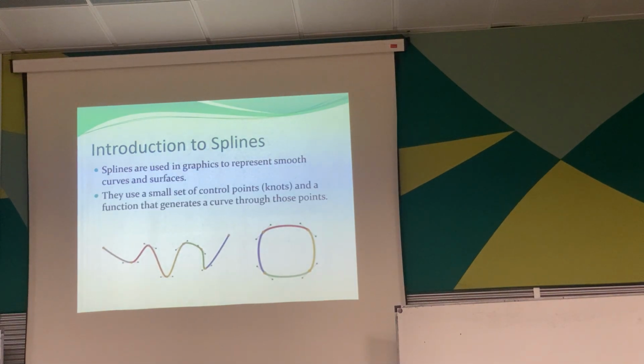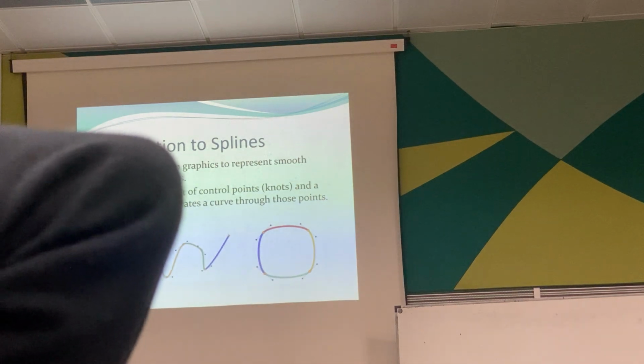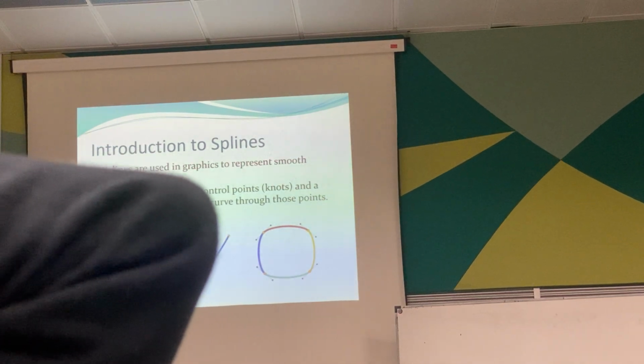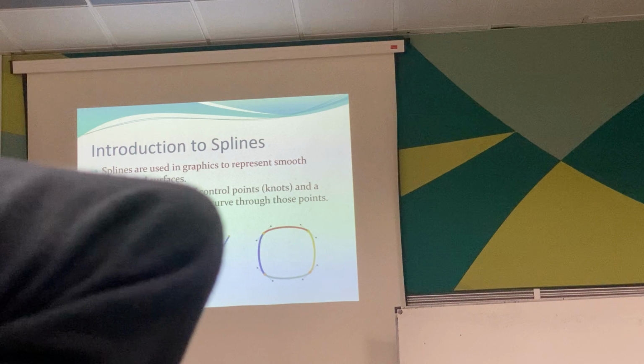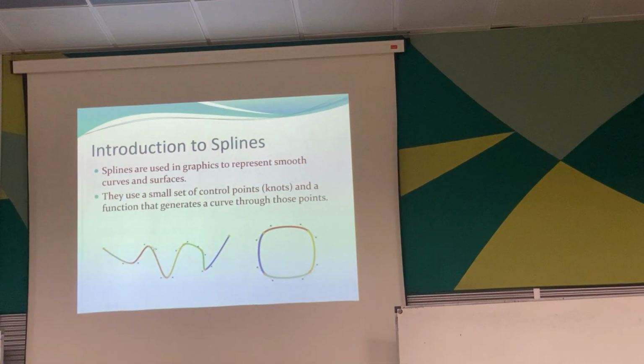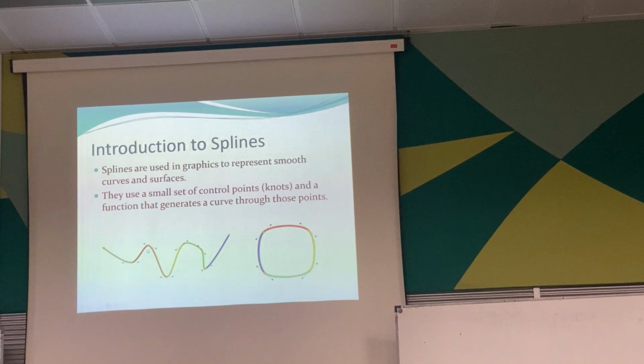So splines are used to represent smooth curves and surfaces. If you have used Photoshop before, have you used Photoshop or not? In order to draw a curve, you have to put the points there. All these points are called control points, and then you move the line. Each of the points has this line, and you can adjust how the shape of the curve looks.